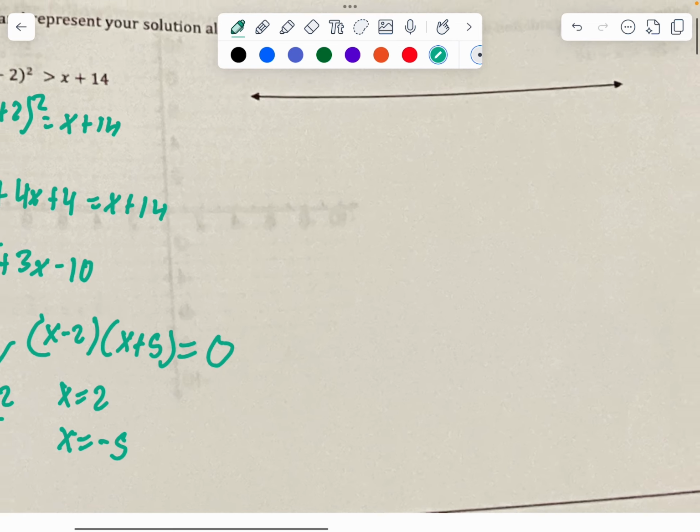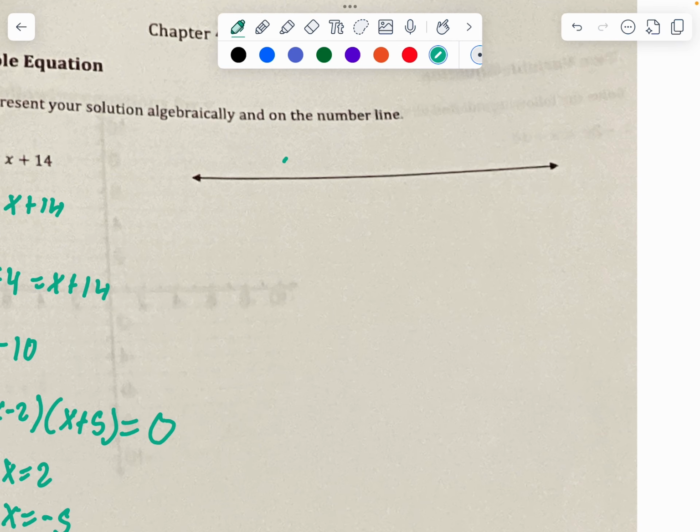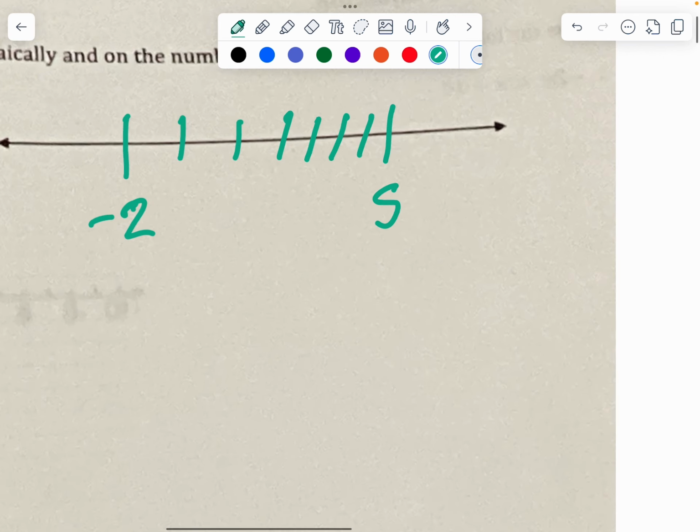Alright. So we're going to put negative 2 here, 5, and go negative 1, 0, 1, 2, 3, 4. And then we'll go with 6 and negative 3.